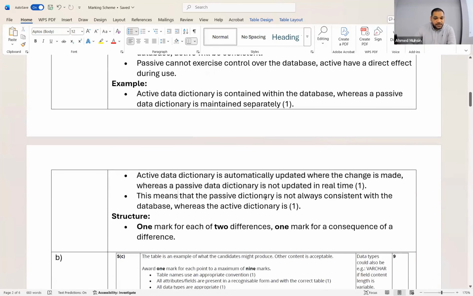This means that the passive data dictionary is not always consistent with the database, whereas the active data dictionary is. Okay, 1 mark for each of the two differences. And then 1 mark for the consequence of those differences. Meaning, how do those differences work when the database is running? Are we all okay with this? Okay.